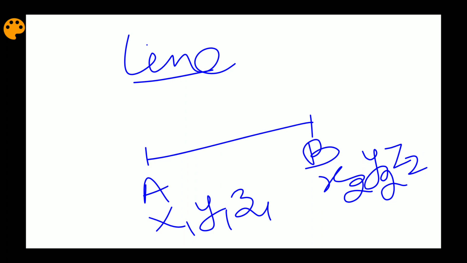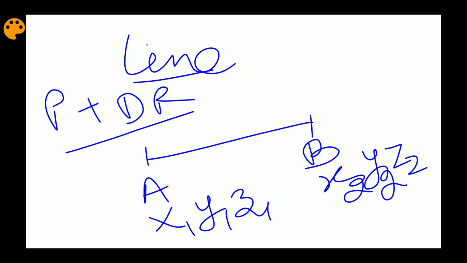In any type of question, whether you have been given a direction ratio, direction cosine, or point, you require only two things: one, a point, and another, a direction ratio. If you have these two things, then you can find the equation of any line. So how to find the direction ratio?